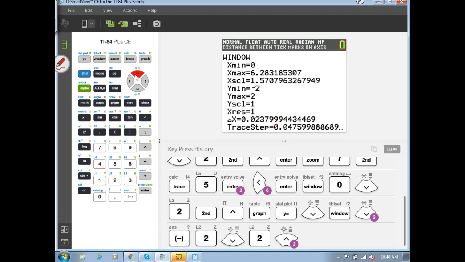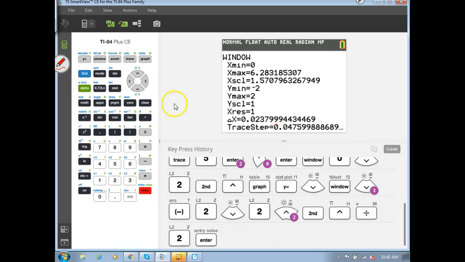If you hit zoom trig right now, it will adjust a couple of things, and it's going to look fine. You could type pi over 2 right here if you want it to count by a certain amount, which would be very smart since we're going to be looking at the graph. So mine is already there, pi over 2. And then hit graph.